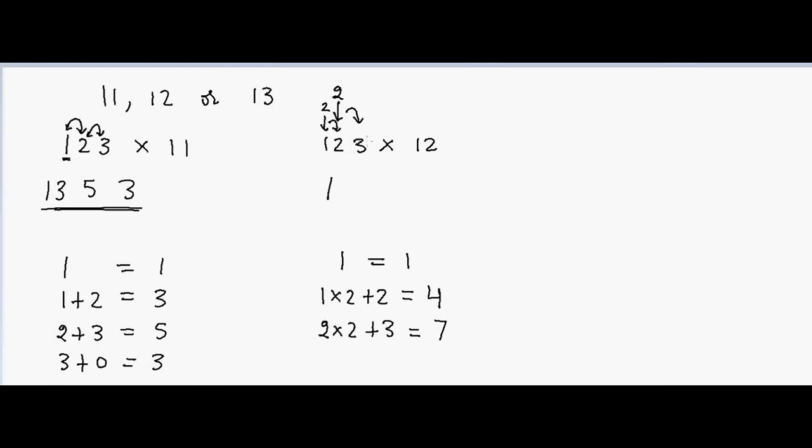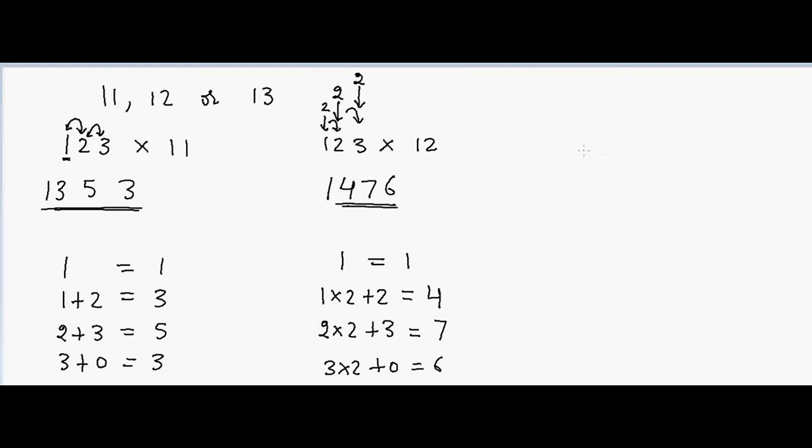And then for the last digit I'll multiply the last digit by 2. So 3 into 2 plus 0, that will be equal to 6. So the answer will be equal to 1476. So basically I am multiplying each digit by 2 and then I'm adding the next digit to it.